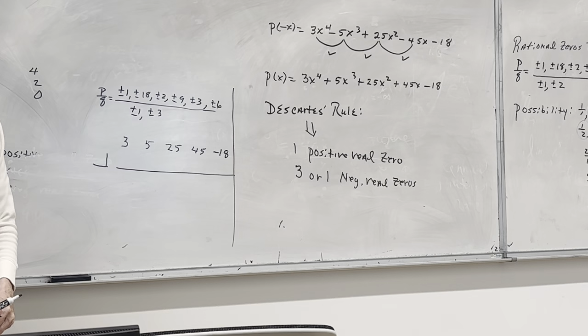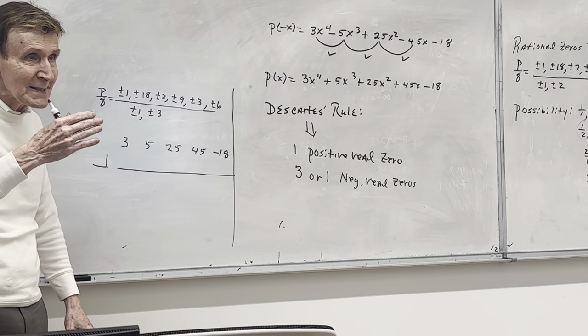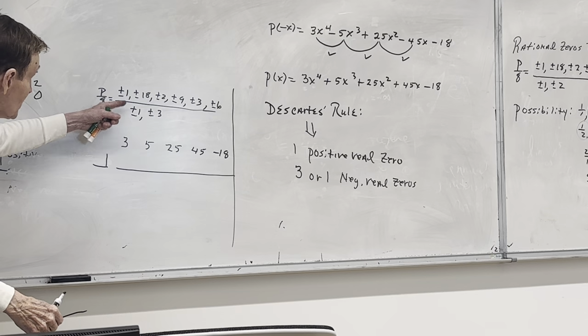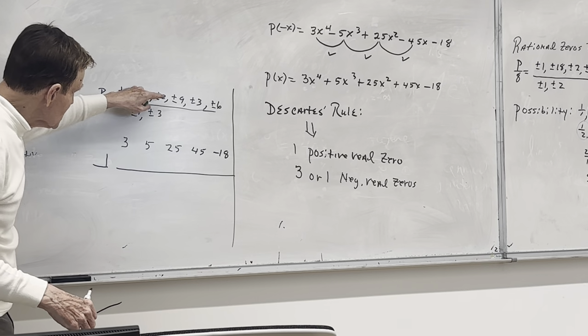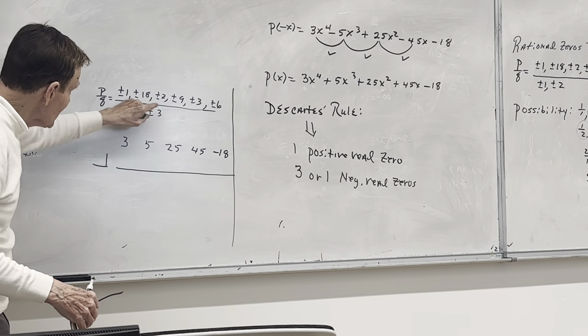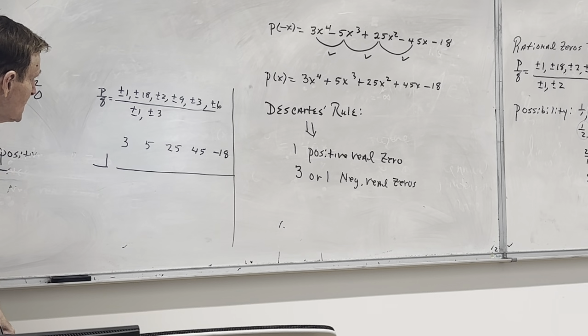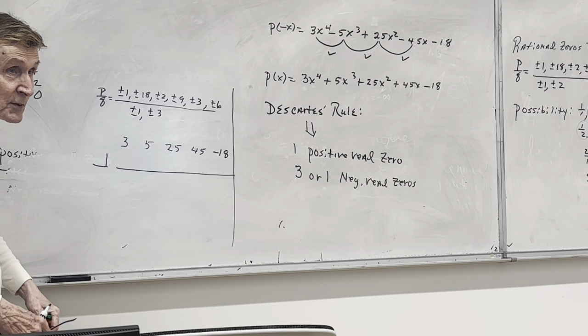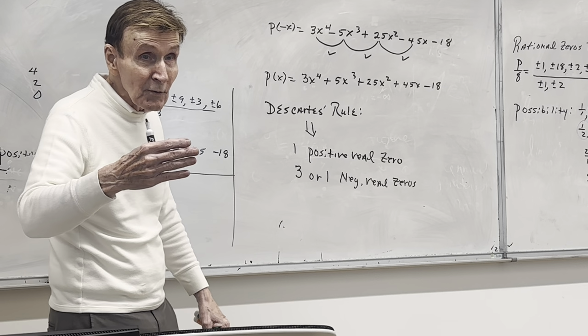Like 1 over 1, that's positive; 18 over 1 is too big but it's positive; 2 over 1 may work; 9 over 1, a little large; 3 over 1; 6 over 1. Does anyone want to try one that you think might work as a positive real 0?